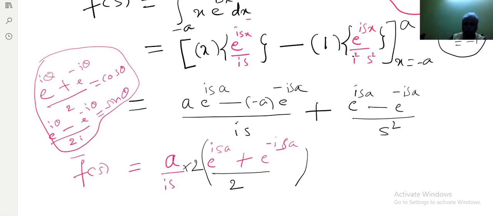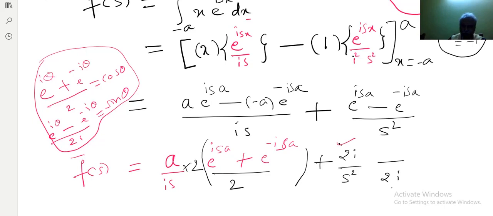Similarly, this part you have to adjust. So this is this type of function, e raised to i theta minus e raised to minus i theta divided by 2i you need. So what all you have to do? You multiply by 2i here. So let us do that. Multiply by 2i. Let me take this s square outside and multiply by 2i. This 2i what you have multiplied is extra.